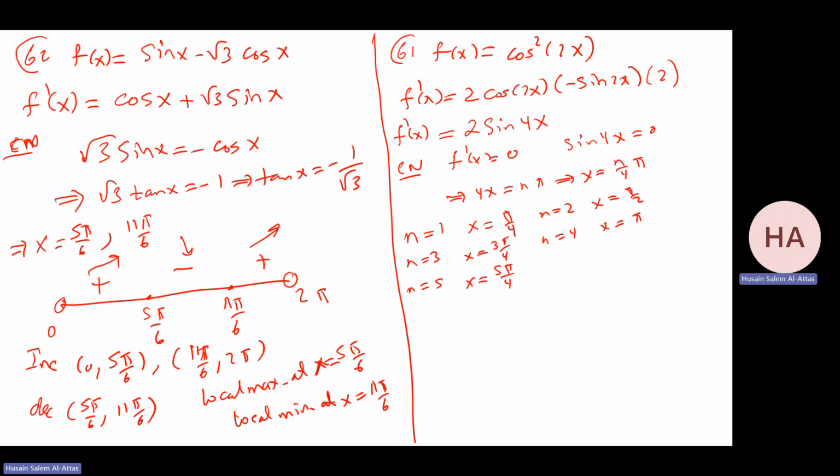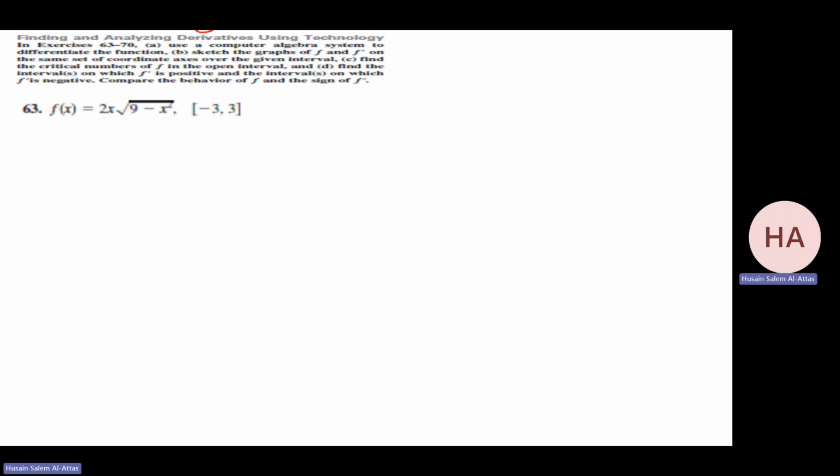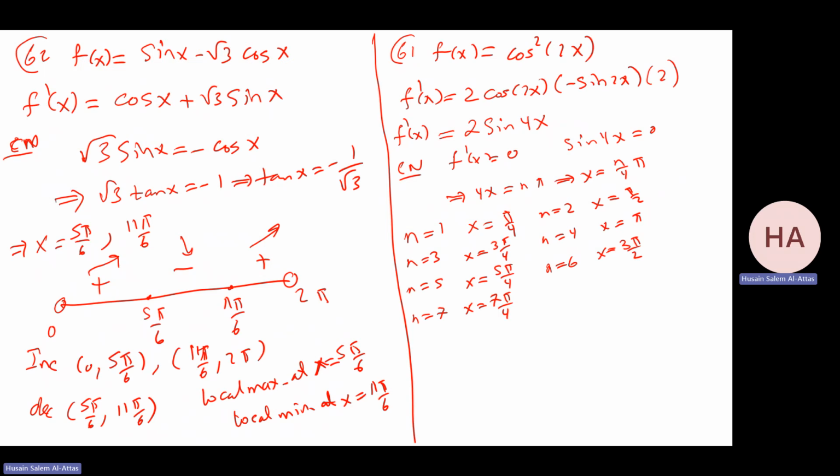Still, I did not reach 2 pi. n equal 6, x equals 6 pi over 4, which is 3 pi over 2. n equals 7, x equals 7 pi over 4. Wow, so we have 7 critical numbers.